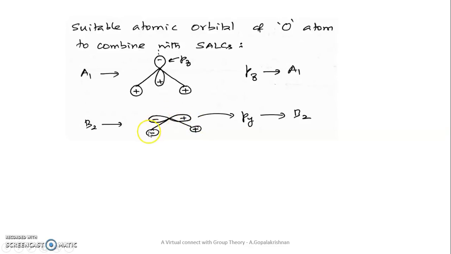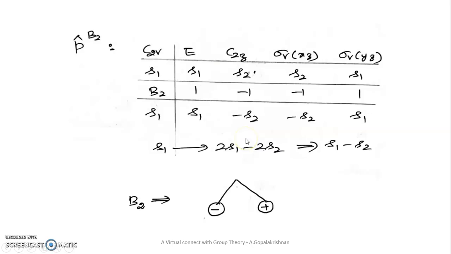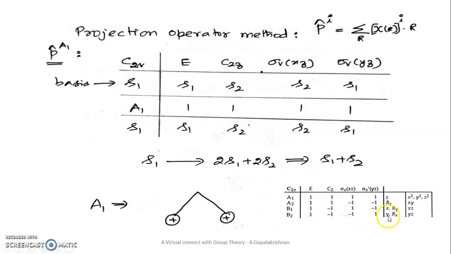Similarly, negative lobe. So now this atomic orbital and this group orbital can combine and form a molecular orbital. This p orbital is present on the y-axis, right? So it is the py orbital, and if you see the character table, the py orbital belongs to B2.